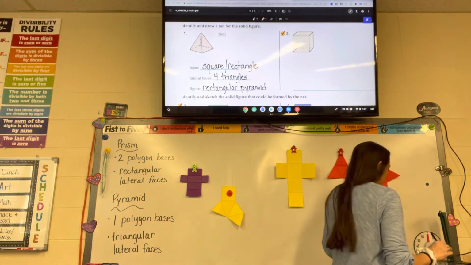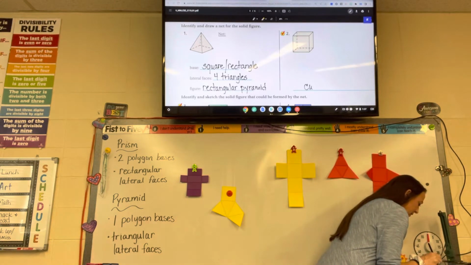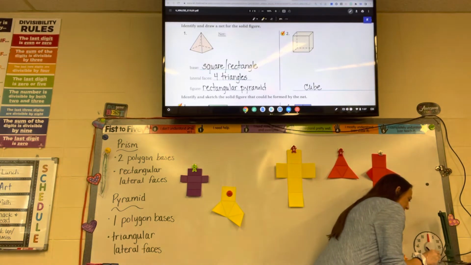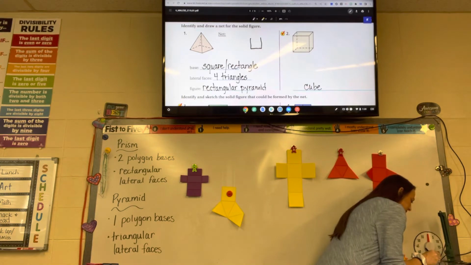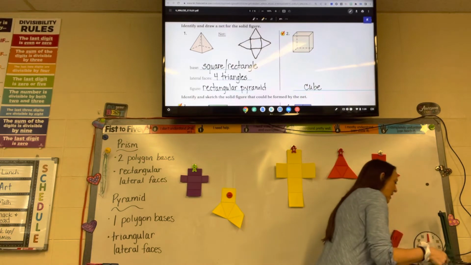What is the figure on number 2? A cube. And we have to draw a net on both of those. So on the net for number 1, I'm going to draw a square. And then put 4 triangles connected to each side. It's a ninja star.